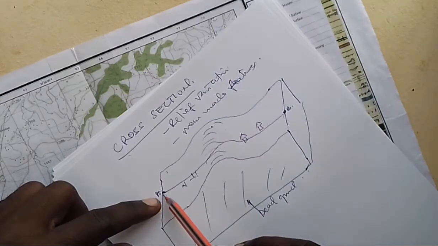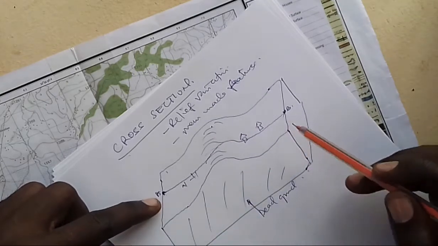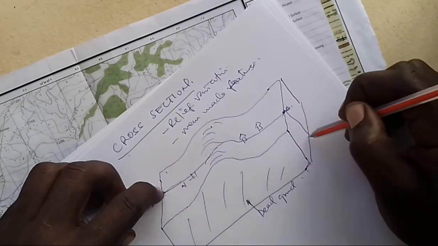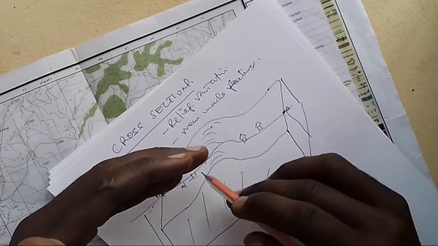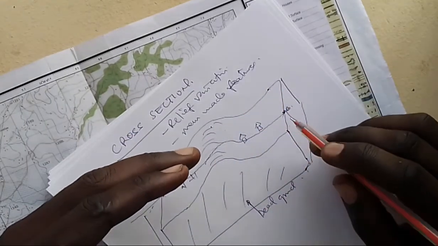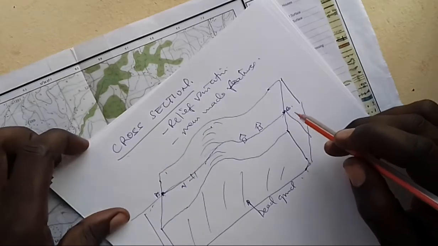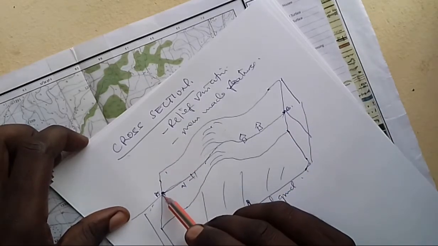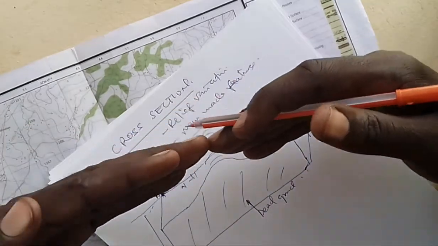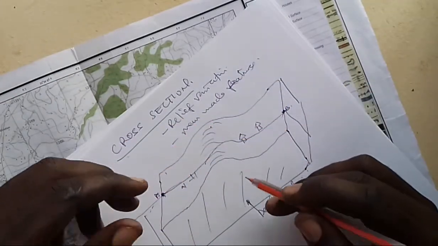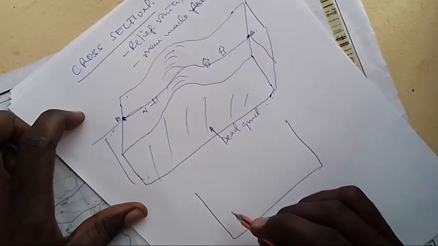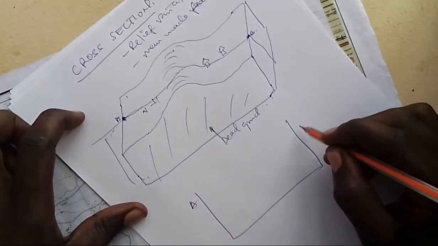If I move from here up to here, then I cut this vertically. Now we are going to look at this area which we have crossed, the interior part of it, if it was cut vertically. So with the cross section, we are going to draw from here up to here, but we draw it in a way that if it is cut across, if it is cut vertically, how does it appear?